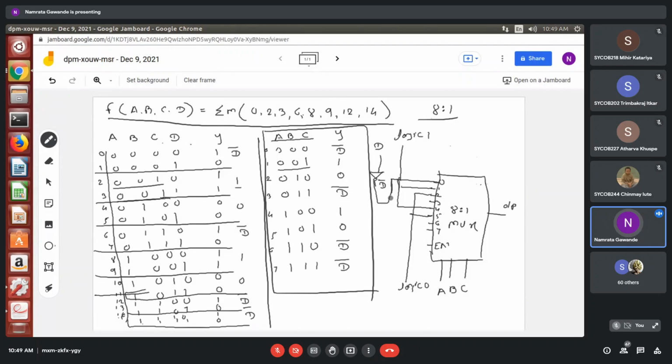The similar one you can apply to 3, 6 and 7. Just take one input, apply the inverter, you will get D bar, and that should be connected to the respective input. So likewise, this is the 8:1 mux.